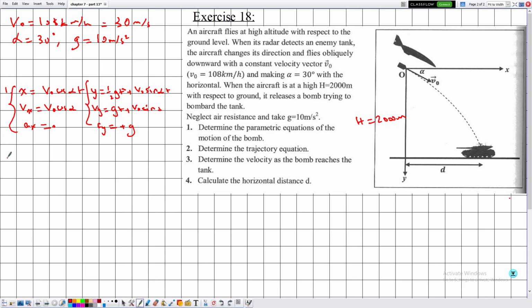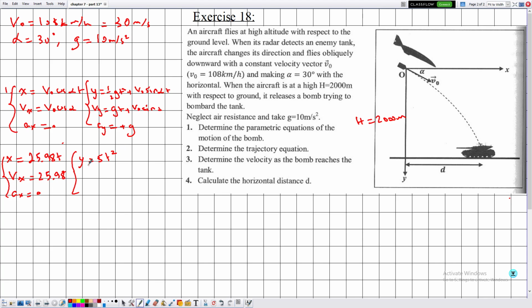Now in this case, v_0 is given by 30 multiplied by cosine 30, which is equal to 25.98, so x is 25.98 t. Now v_x is given by 25.98 and a_x is 0. As for the y component, we have that y is equal to 5t squared.